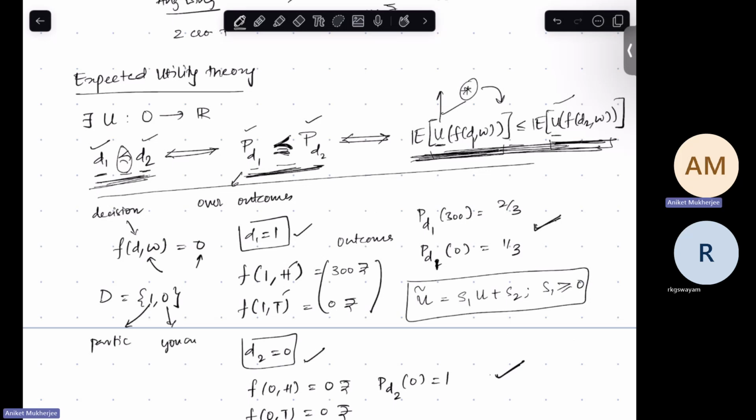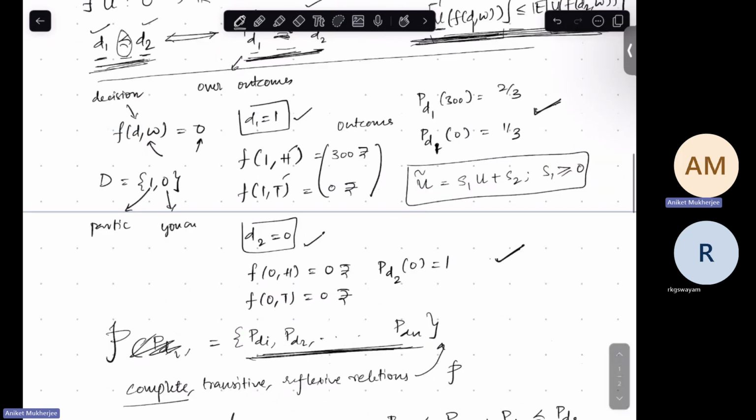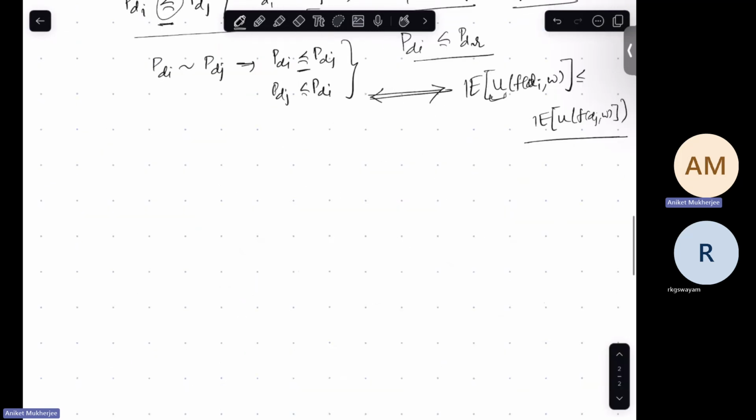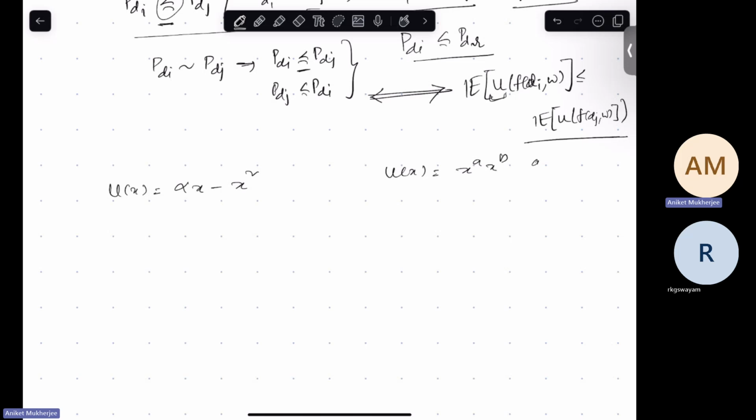So it's more like saying you just need to find the class of utility functions. One class of utility functions that we saw yesterday in one of the examples was u of x equal to alpha x minus x square. You could have a utility function where it could be x power a into x power b with some constraints on a and b.